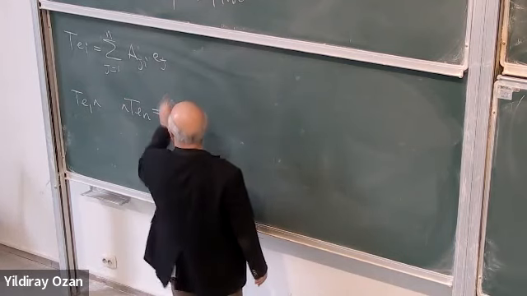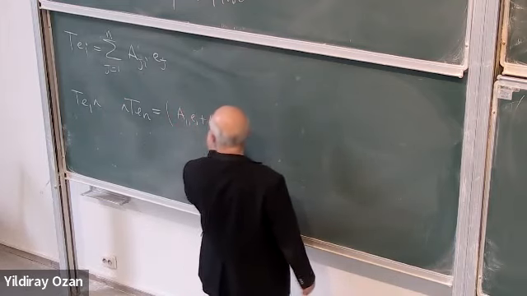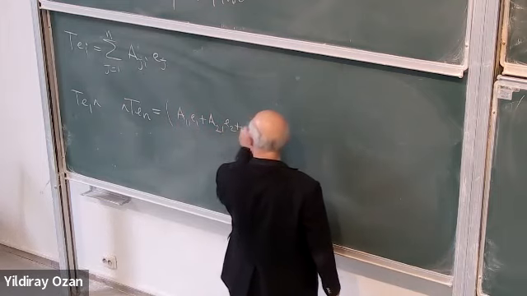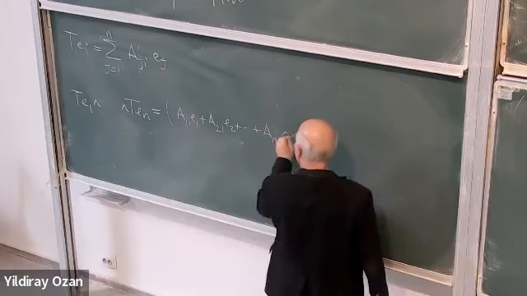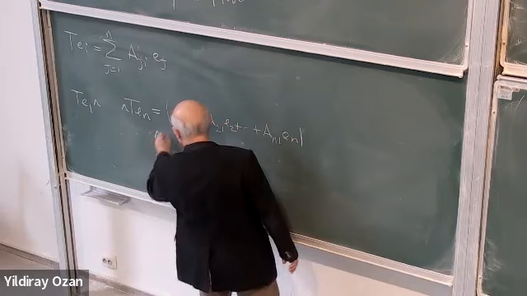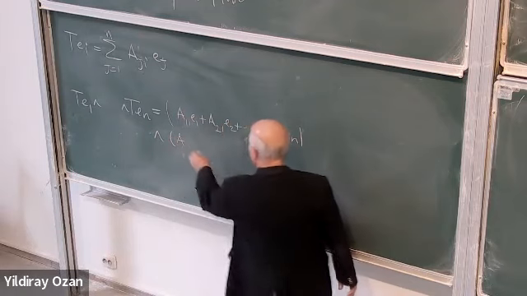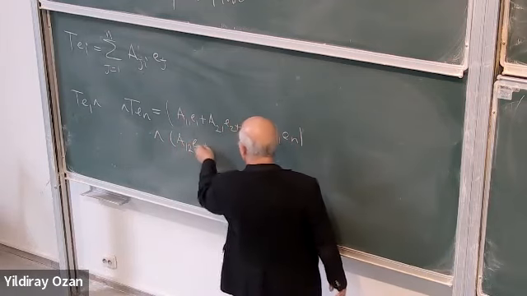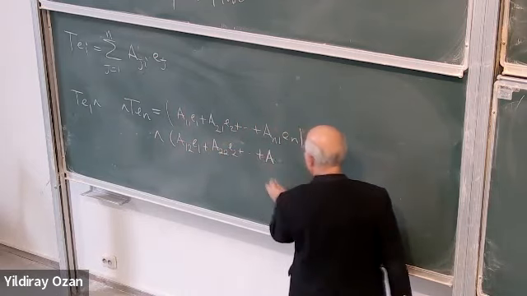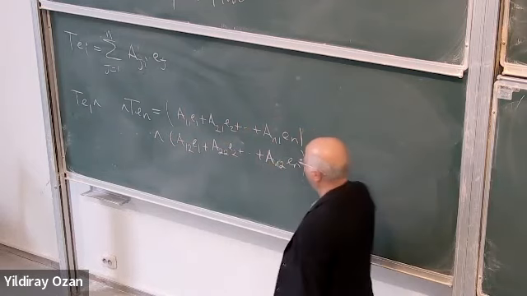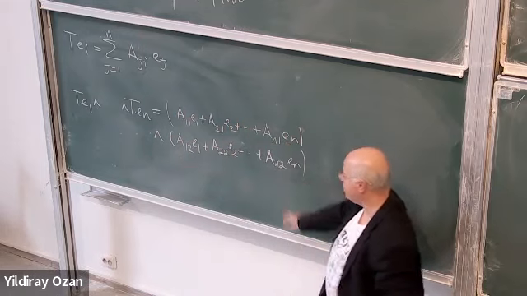a_{11} e_1 + a_{21} e_2 up to a_{n1} e_n, wedge T e_2. What is T e_2? a_{12} e_1 + a_{22} e_2 up to a_{n2} e_n, right? This is the first column of the matrix A. This is the second column.